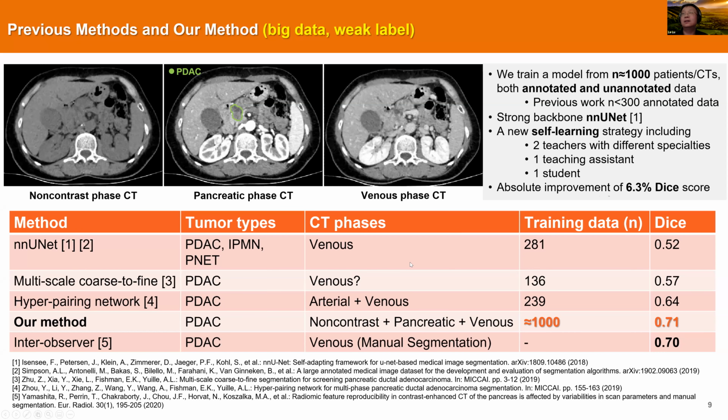So we basically got data from 4 institutes. This is a comparison to previous work. Really, we got big data. We got 1,000 patients at that time. Right now we have 6,000 patients. Yeah, we are making progress. And by then, a year and 3 months ago, our Dice number was 0.71.